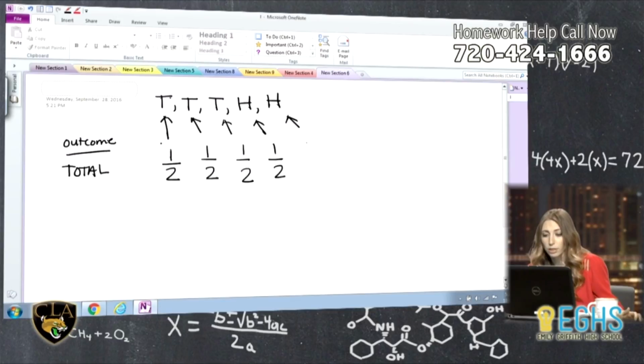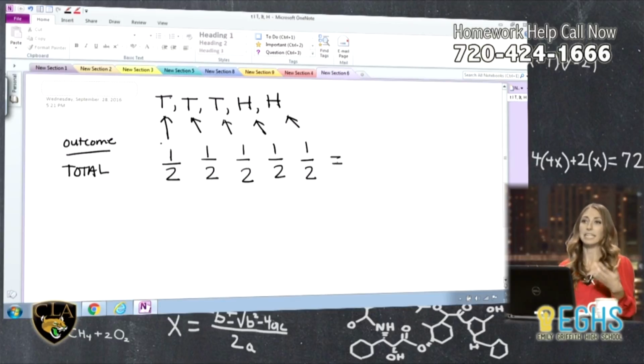Now, if you're trying to find out the probability for consecutive events, so first I flip tails, and then I flip tails again, and then I do this, and then I do this, the procedure for finding the probability of consecutive events is to multiply each of the probabilities of the singular events.